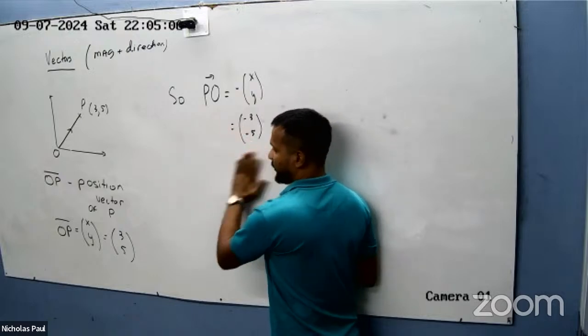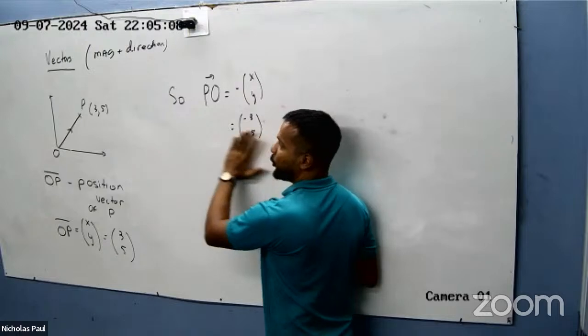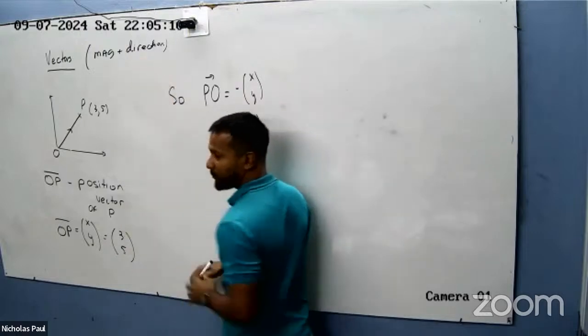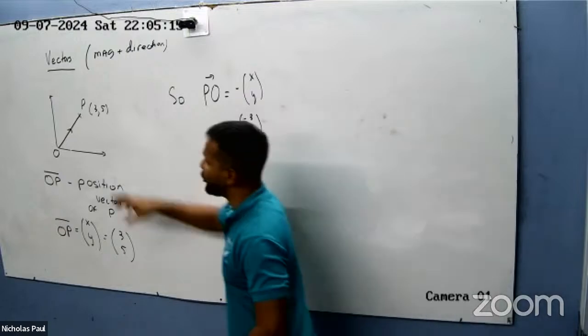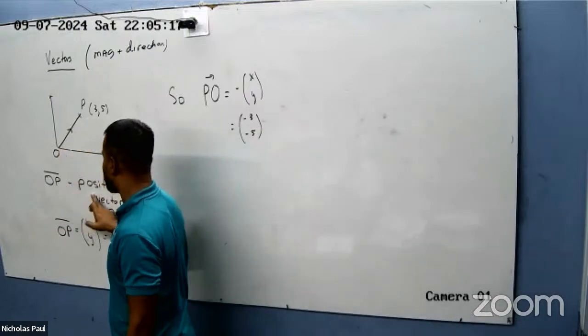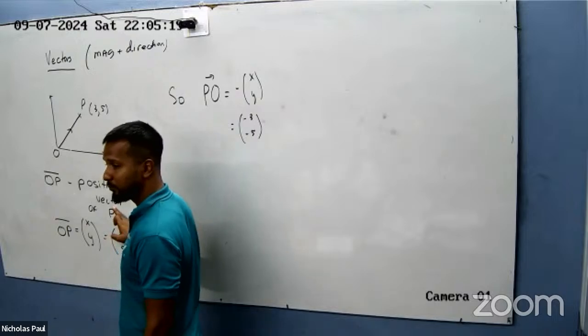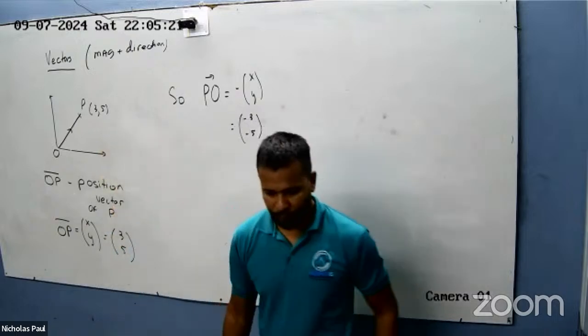So everything that we did here had to do with giving the vector direction. Everybody okay with that? We always draw it back to the origin. That is called a position vector. Copy it out.